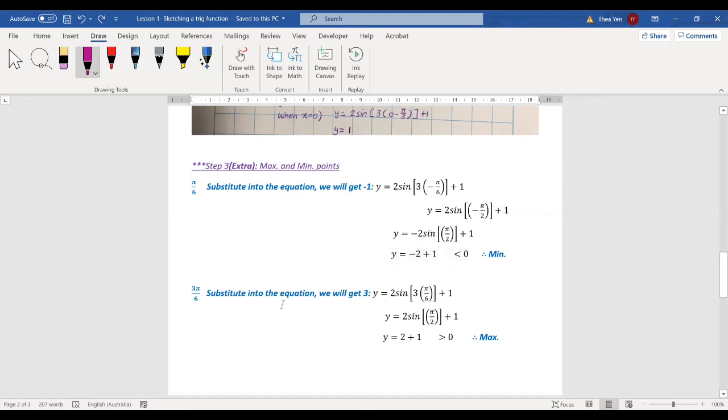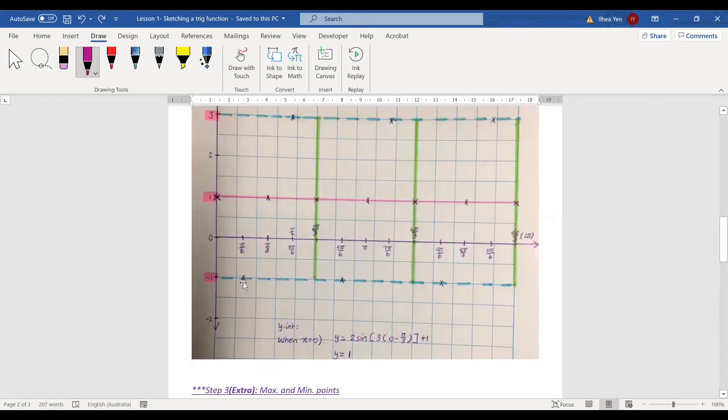And when I substitute in pi over 2, I actually get 3, which is my maximum value, which is fantastic. Before, I didn't know that was my minimum and that was my maximum. But now I calculated, and that confirmed that pi over 6 is minimum and pi over 2 is maximum.